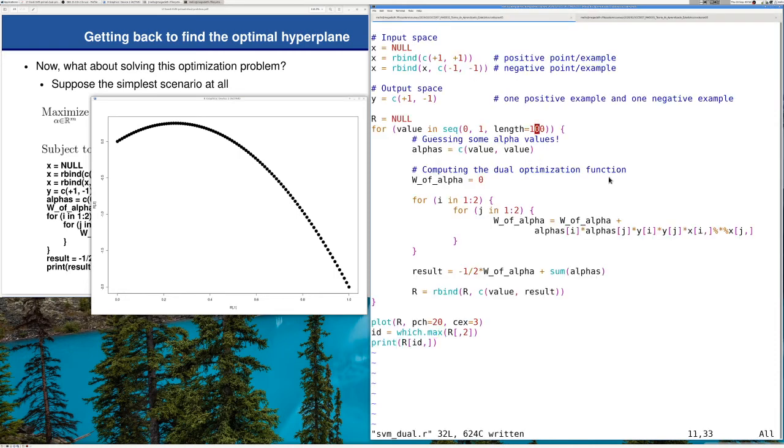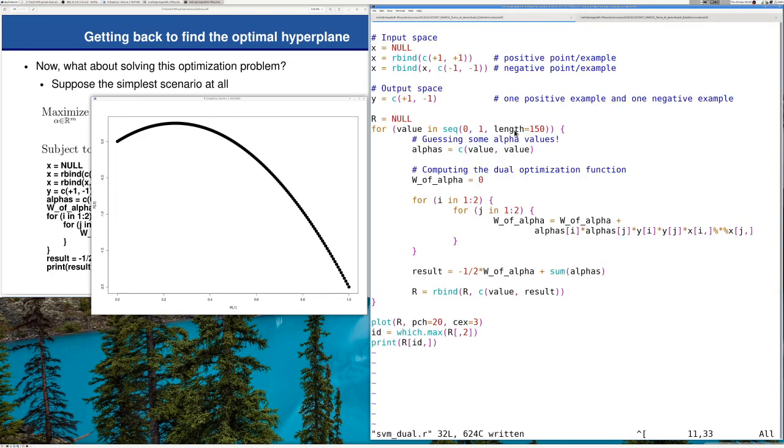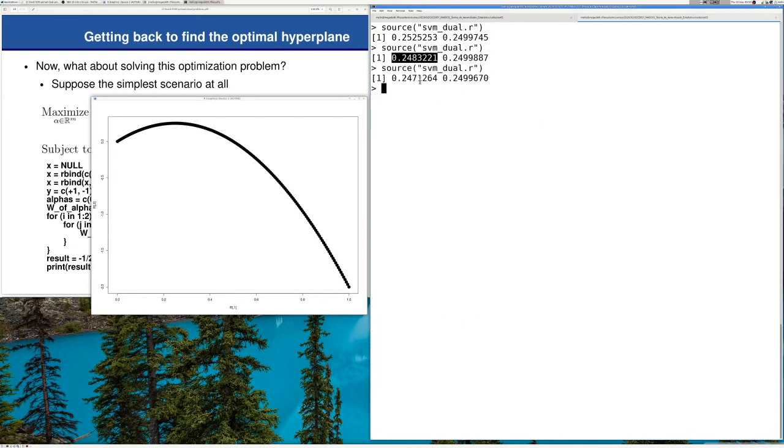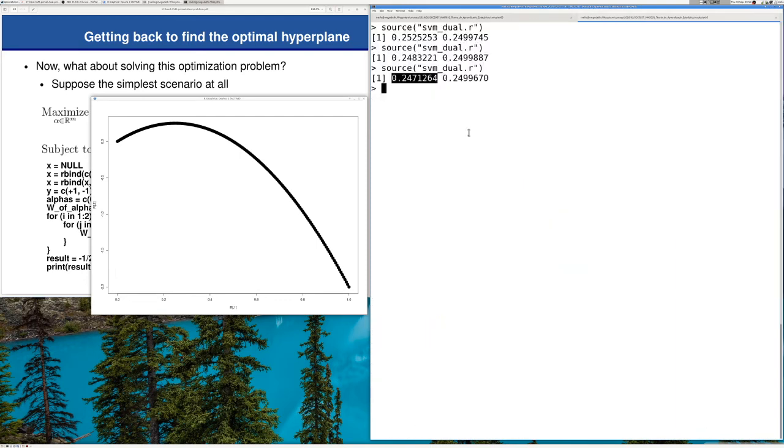Of course, if I somehow increase my sequence here to 150 values, I will get closer to 0.25. If I increase even more, let's try like this. I'm going to be even closer, maybe, yeah. Of course, I could have like 500 points in my sequence, and it would be very, very close.